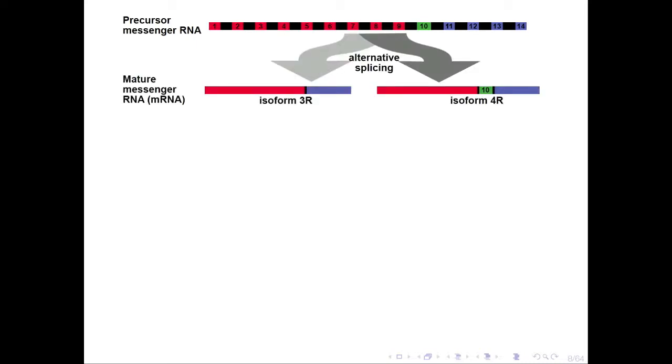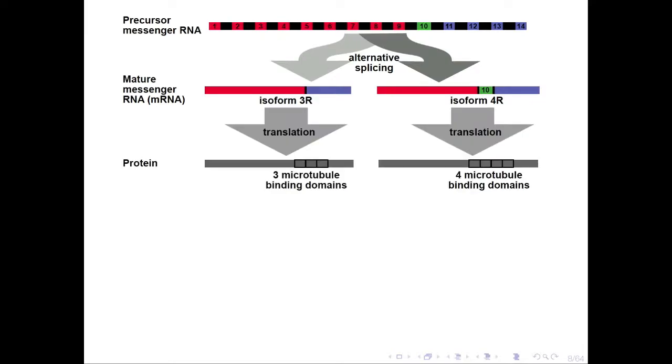There are two major isoforms of tau that are created by alternative splicing, 3R and 4R. The reason they're called this is that the 3R version, which excludes exon 10, contains 3 microtubule binding domains, whereas the 4R isoform contains 4 microtubule binding domains.